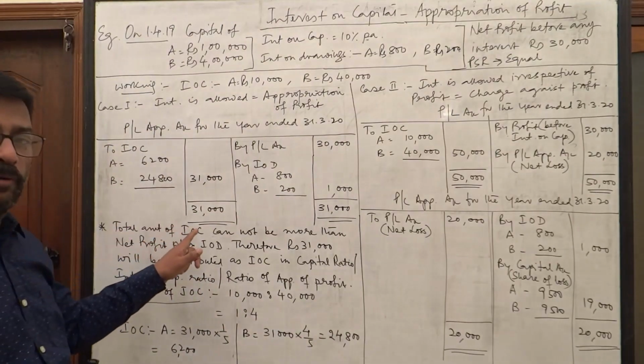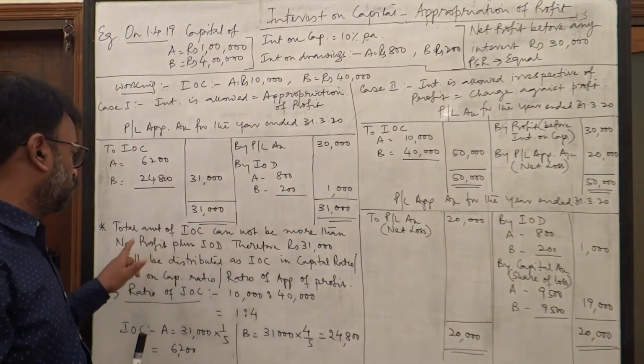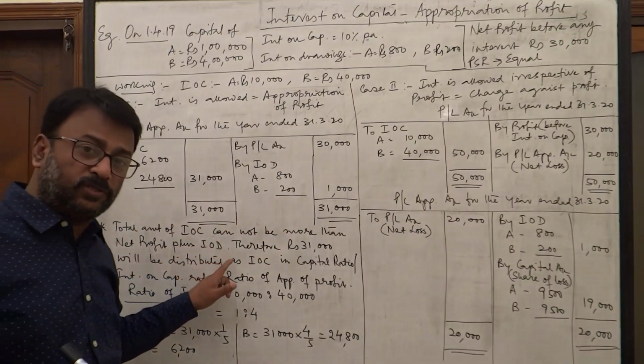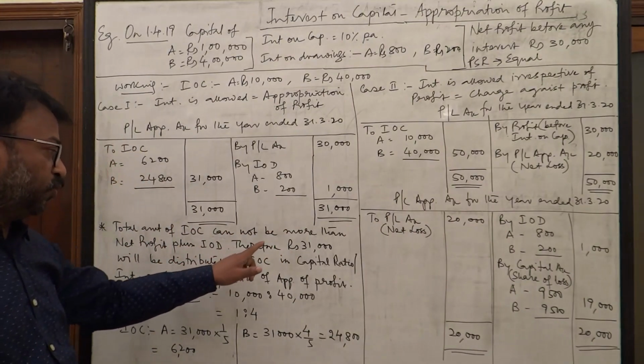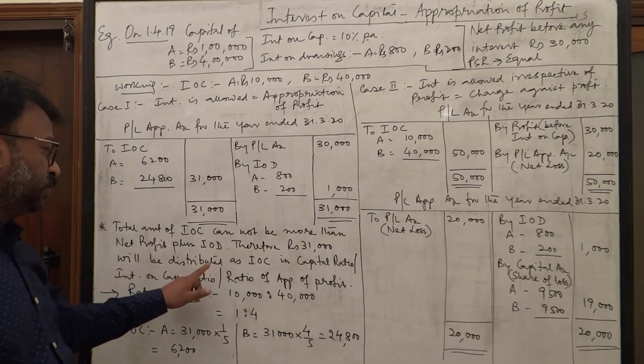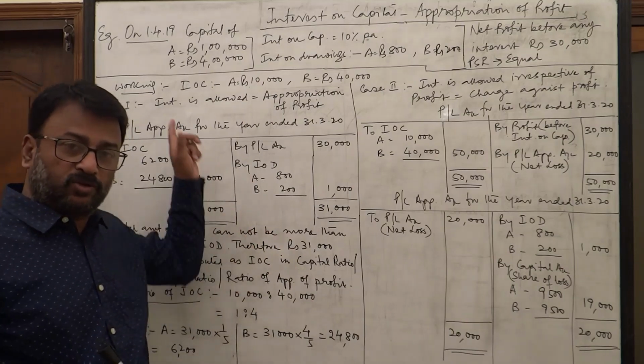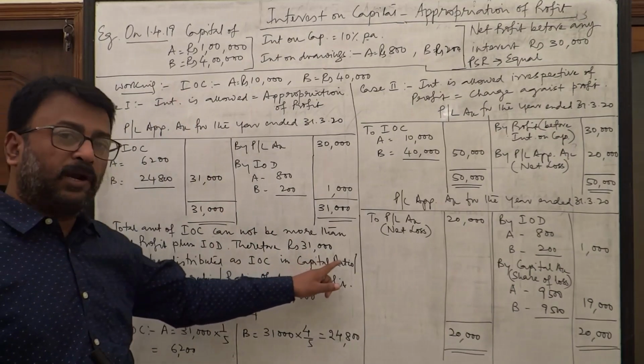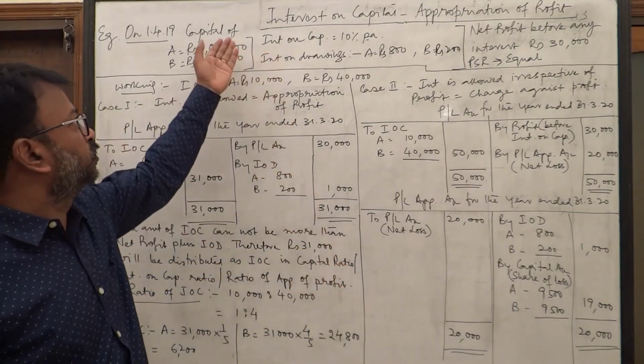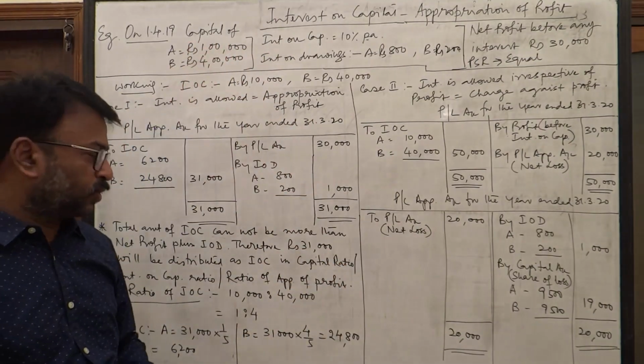So here I have written one note. The total amount of IOC cannot be more than your net profit plus IOD, which is interest on drawing. Therefore 31,000 will be distributed as IOC, interest on capital, in capital ratio. Capital ratio means 1:4.